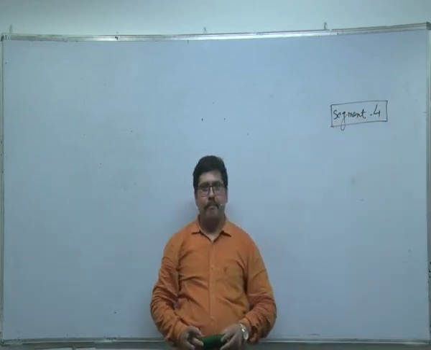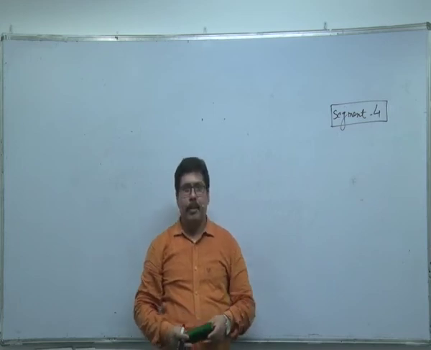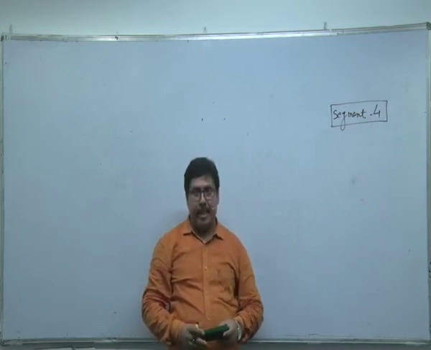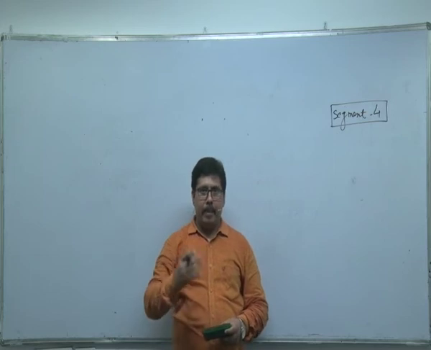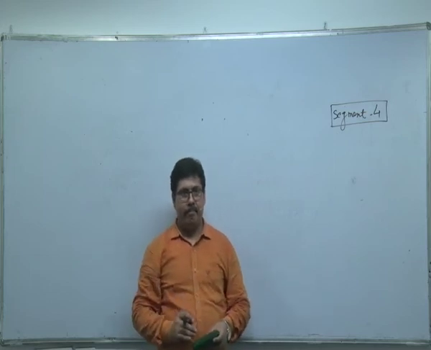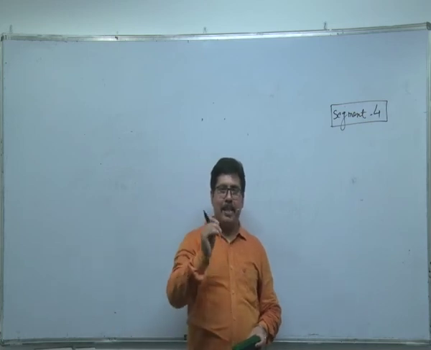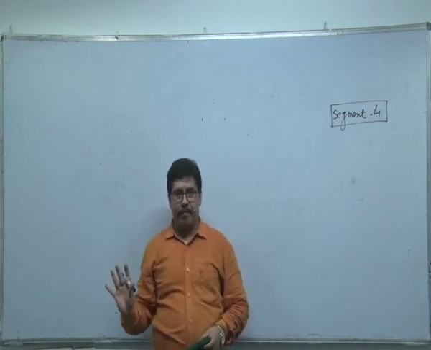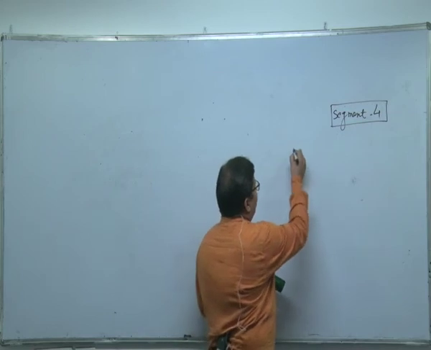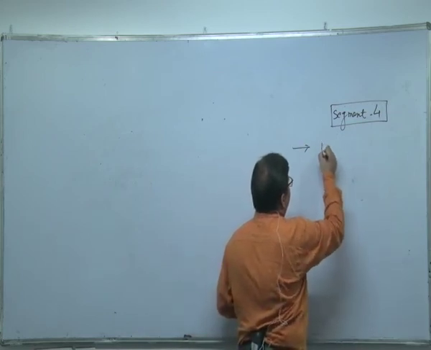So let us start with a very interesting technique. If a number is ending with 5, consider any number whose unit place is occupied by 5. For example, the simplest example is 15.